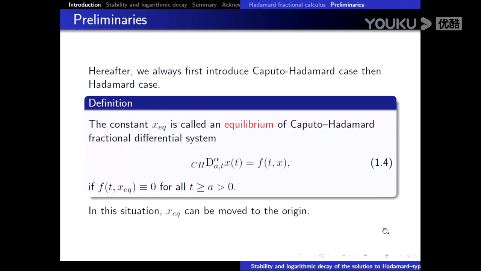Now we give some definitions about these two kinds of equation. Here and after, we always first introduce the capital Hadamard case, then the Hadamard case. So this is the capital Hadamard differential equation. If f(t, 0) is equal to 0 for all t bigger than or equal to a, a is a positive number, we can call x equals 0 an equilibrium of the equation. This is the capital Hadamard fractional differential system.